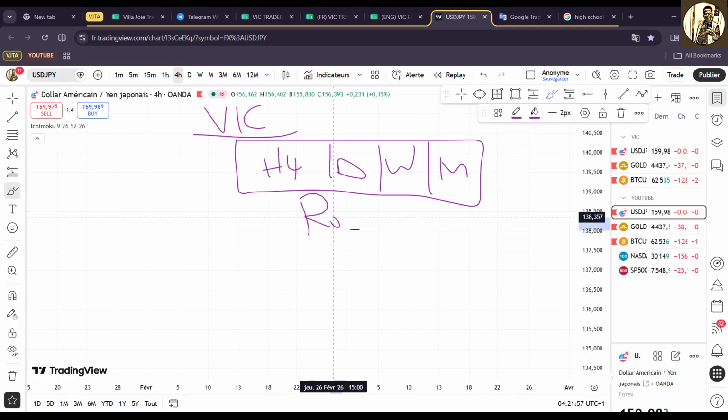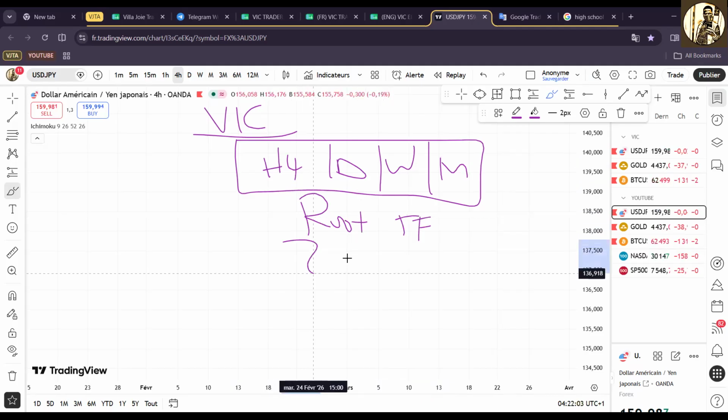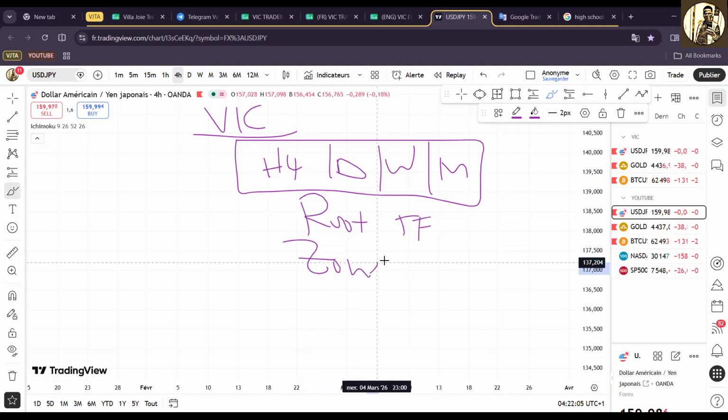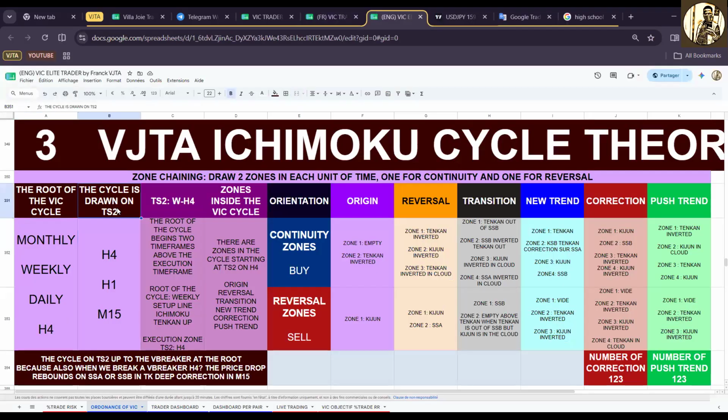Those are the root time frames, right? It's on those roots that you find the root zone, the zone that has a big impulse.